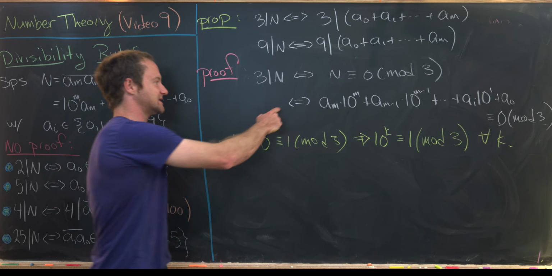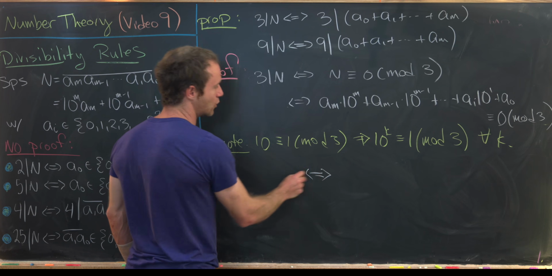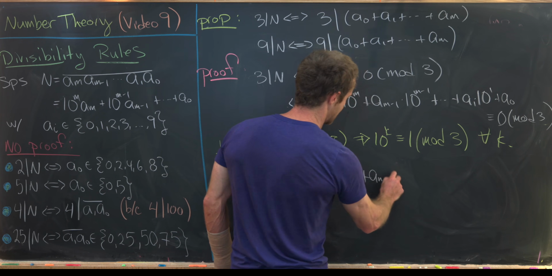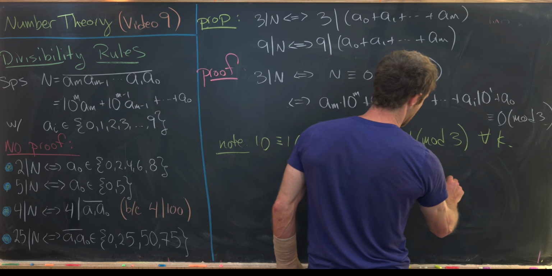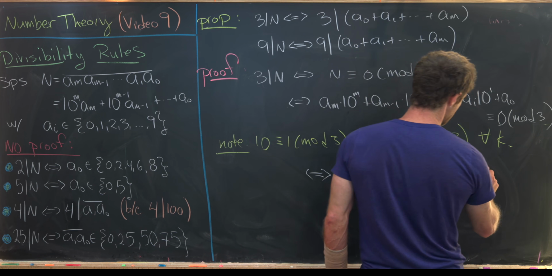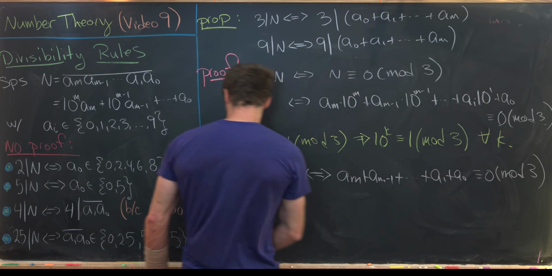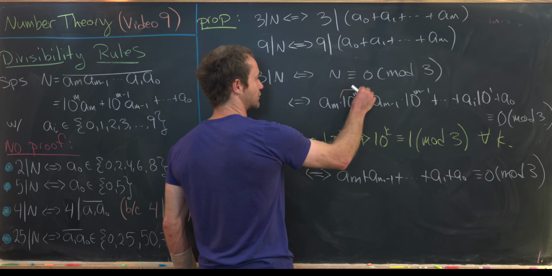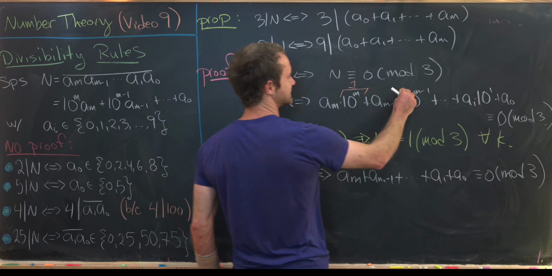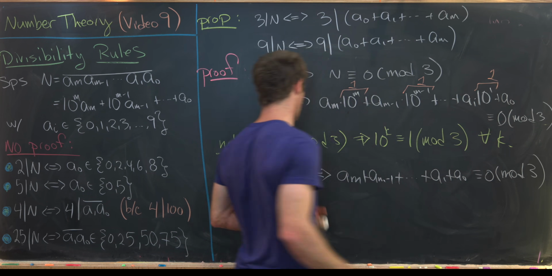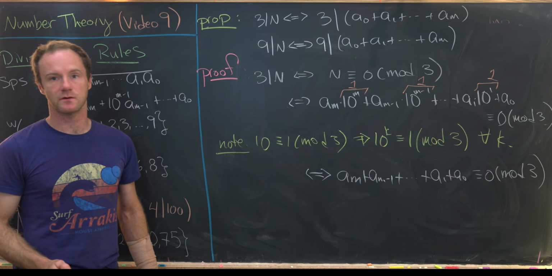Okay, but that means our statement up here is equivalent to saying that a_m plus a_{m-1} plus all the way down to a_1 plus a_0 is congruent to 0 mod 3. And that's because we did this reduction where we replaced all these powers of 10 with 1, again from our observation here, which is in yellow.